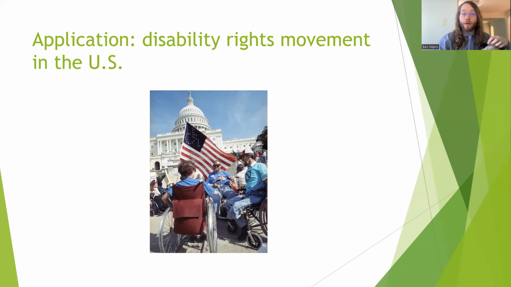Some of them were very aggressive, such as occupying and literally blocking traffic on the streets, which could be seen as a more aggressive and perhaps more separation-oriented approach, while other strategies were more assimilative, such as encouraging participation or integration of people with disabilities into schools. So we can think about how the specific decisions and strategies that members of co-cultures use are based on the situation and goals that those group members have.